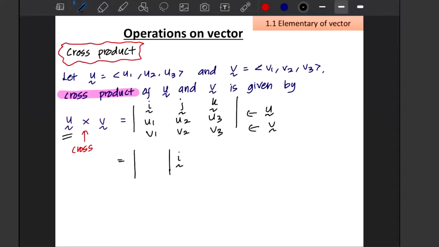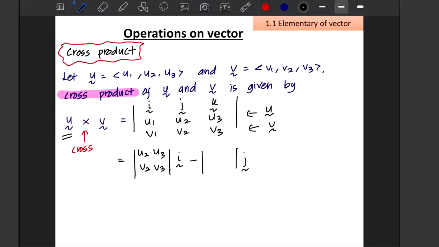Okay, for the first part, first you remove the I component with this one, right? So write it here: U2, U3, V2, and V3. This is for I. And then minus the J component.